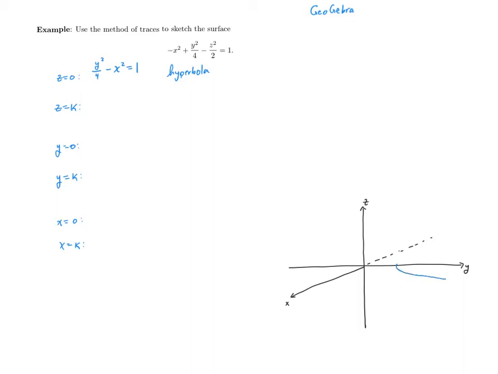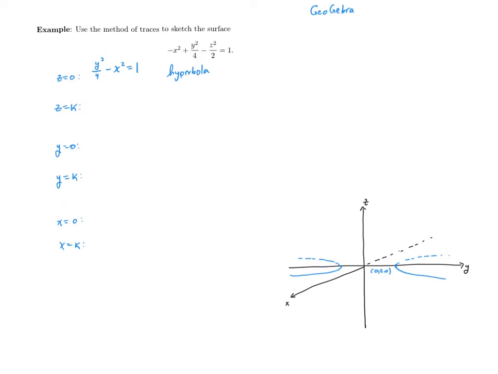it's a hyperbola opening along the y-axis, and it intersects the y-axis at plus or minus 2. Remember, we should always label those positive intercepts. I've put dashes specifically to allow us to see some depth in the picture.